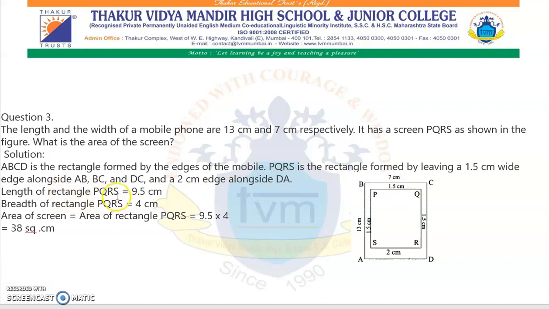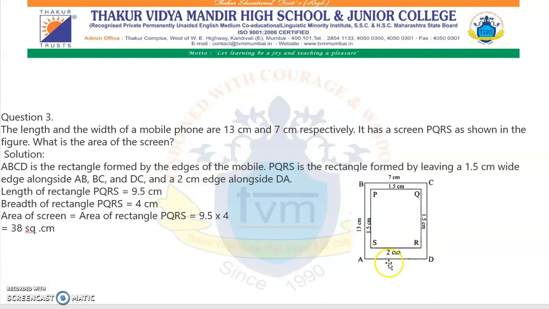Therefore, length of rectangle PQRS is equal to 9.5. Why does it become 9.5? Because we have to leave the space. So when we are going inside, we have to leave space 13 minus 1.5 minus 1.5 and from below it is shown in the figure.